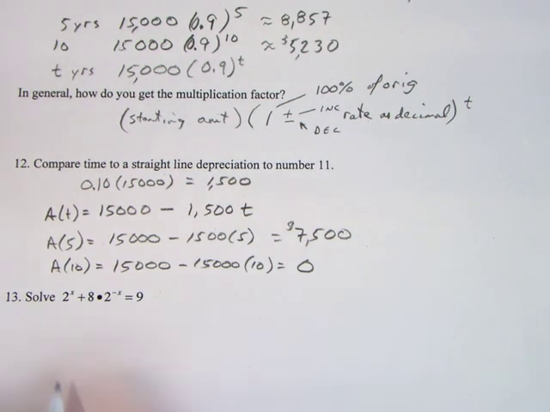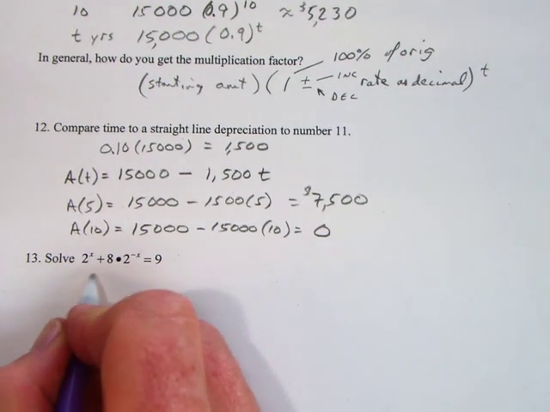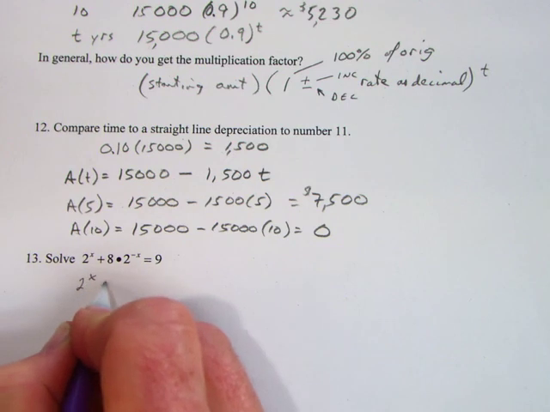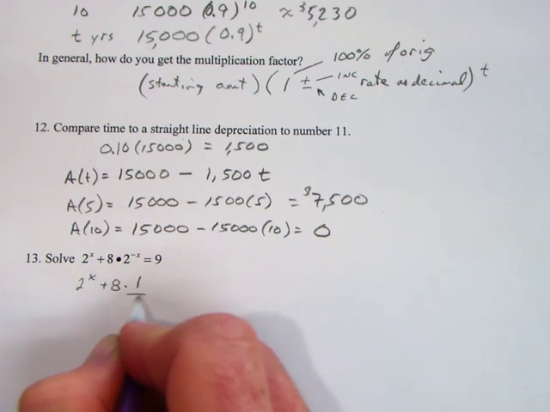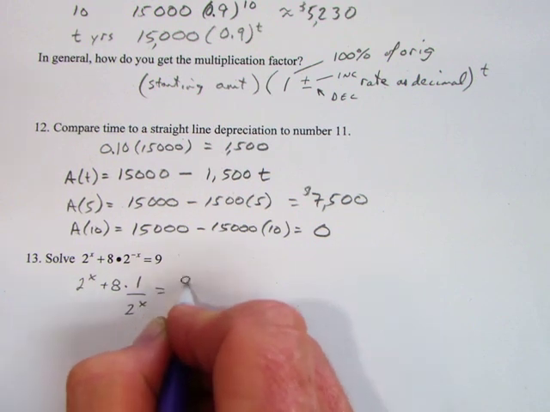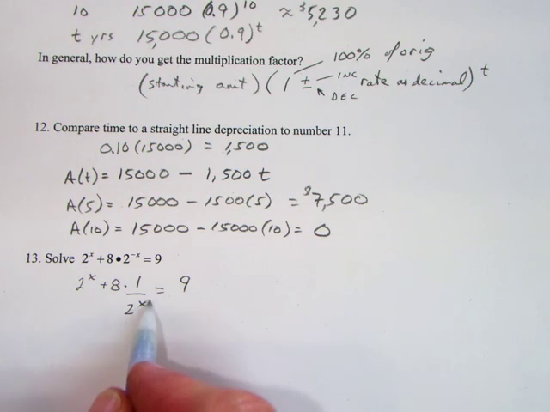Let's take a look at how we do this problem. This is a pretty hard problem at this stage in the game for us. The first thing we have is 2 to the x plus 8 times 2 to the negative x, and we have to realize that 2 to the negative x is 1 over 2 to the x, equals 9. Just like in chapter 1, when we had x's in the denominator, we don't want that.